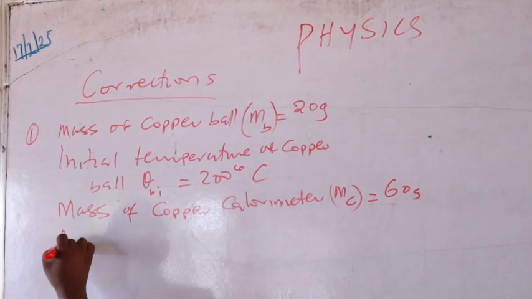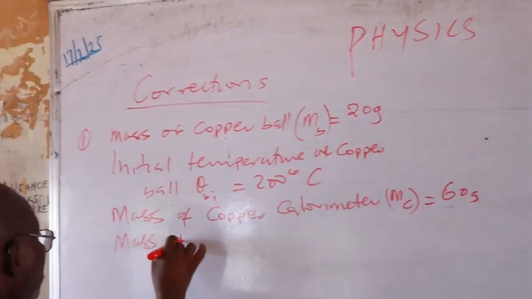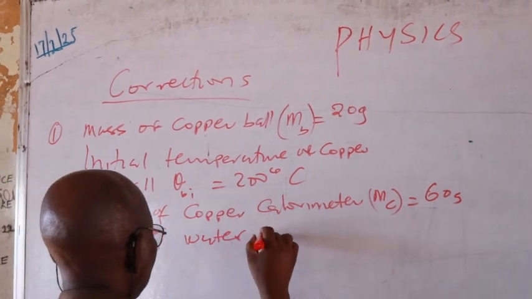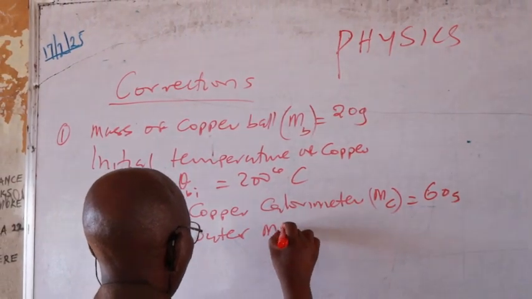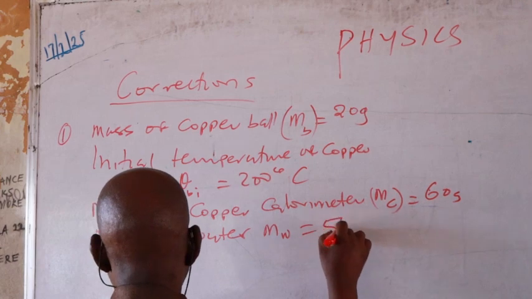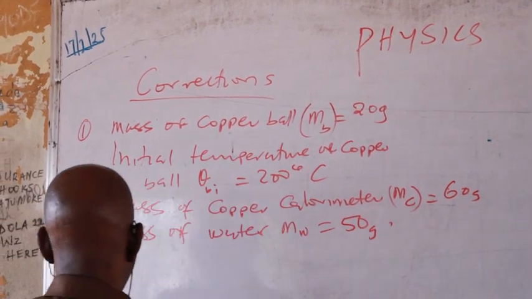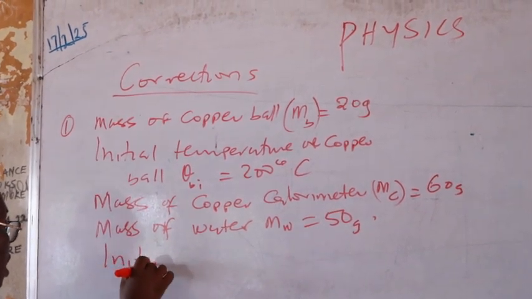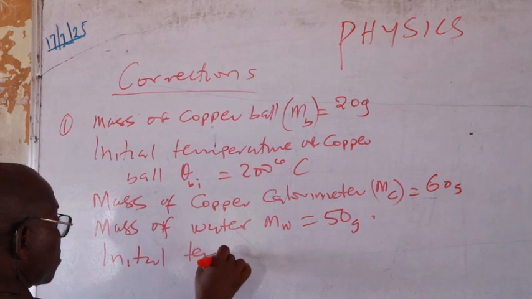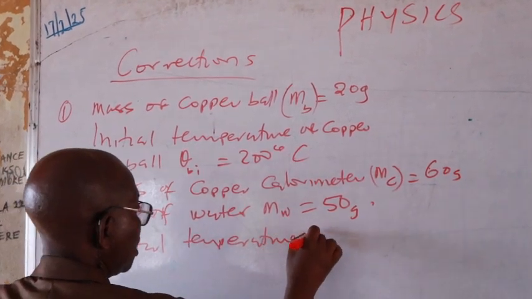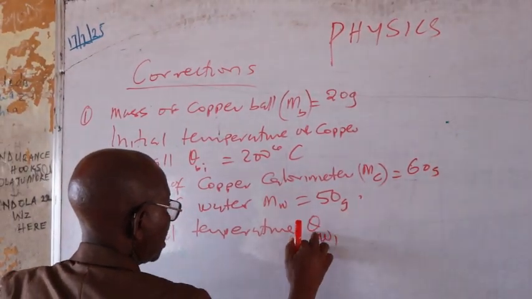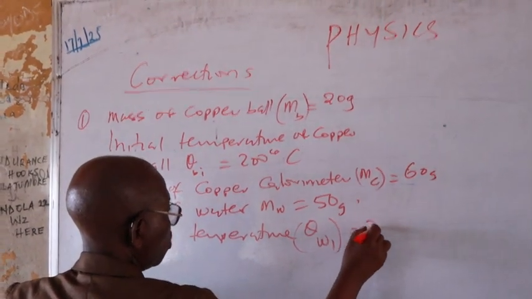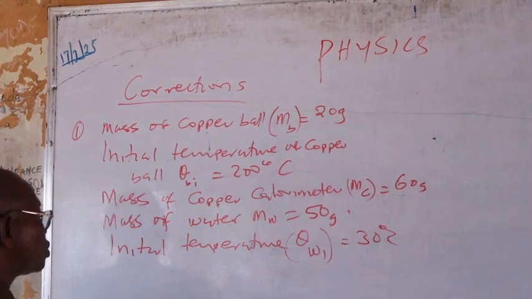They are also giving the mass of water, M of W, to be 50 grams. Then the initial temperature of water, theta W1, is equal to 30 degrees Celsius.